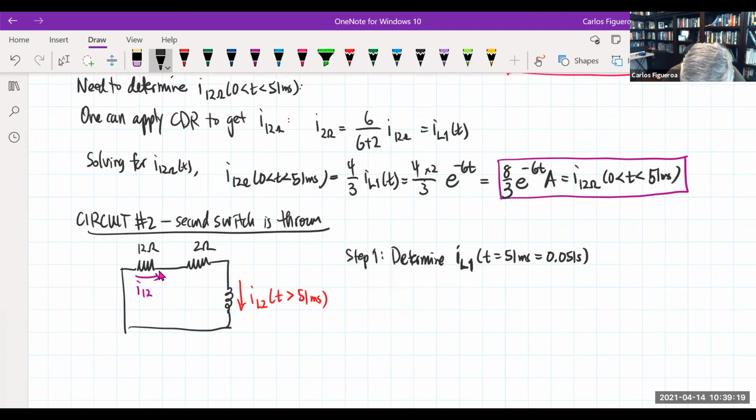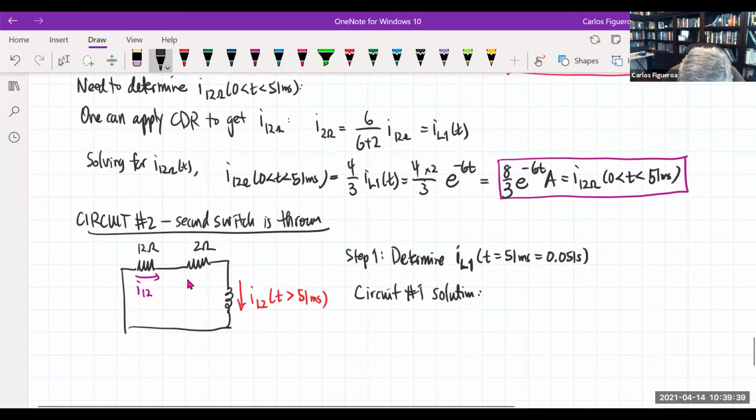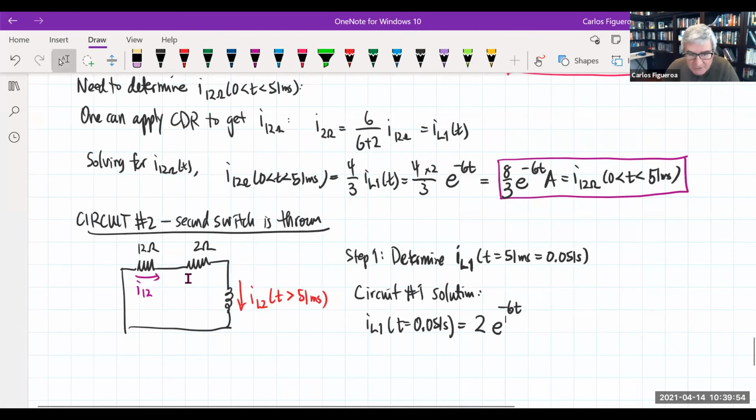So then let's go solve for that. I go to the interval circuit, circuit number 1 solution, which we already know what it is. We just wrote it down, and that guy was 2 e to the minus 6t. So this should be IL of 1 at t equals 0.051 seconds. And if I punch in these numbers, let me make sure.